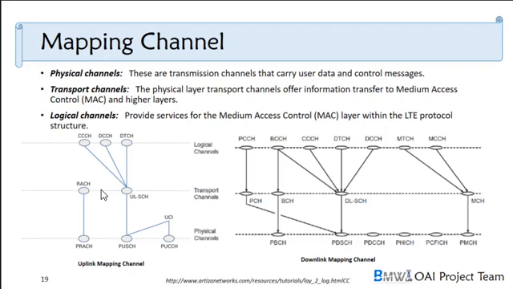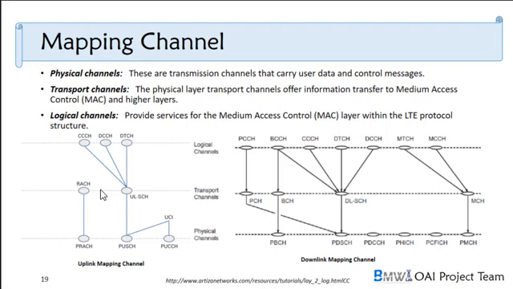Hello, my name is Nikita, and as Ali mentioned before, I will quickly go through the function of the downlink channel. We can see the logical channels. We have the PCCH through to the MCCH. PCCH is for paging, and the BCCH is for MIB and SIB.